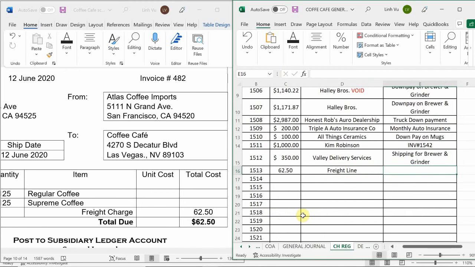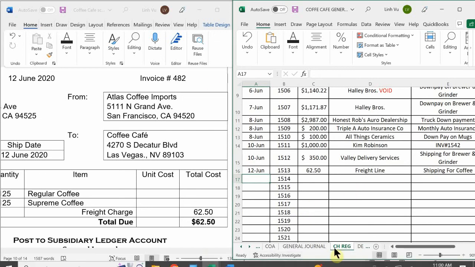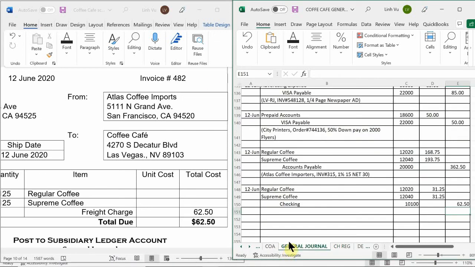And what was it for? Shipping for coffee. Okay. So you got check number 1513 as proof that you made a payment to Freightline.